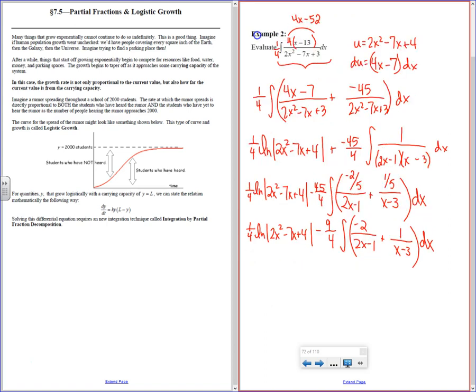This would have to be a u sub, right? u would equal 2x minus 1, so for du, don't I need a 1/2? But then they'll cancel each other. The 1/2 and the negative 2 can cancel, this negative will come out, that'll be 9/4 ln of 2x minus 1. The negative times the negative is a positive, the 2's cancel, good.